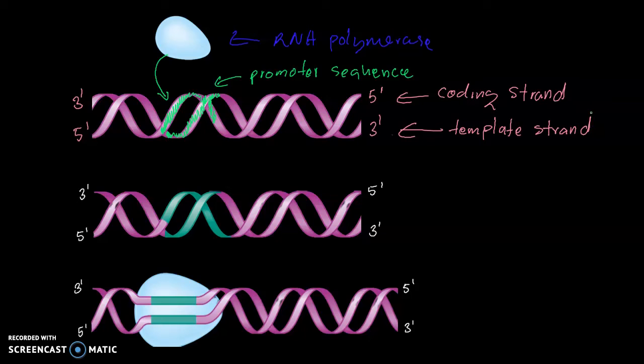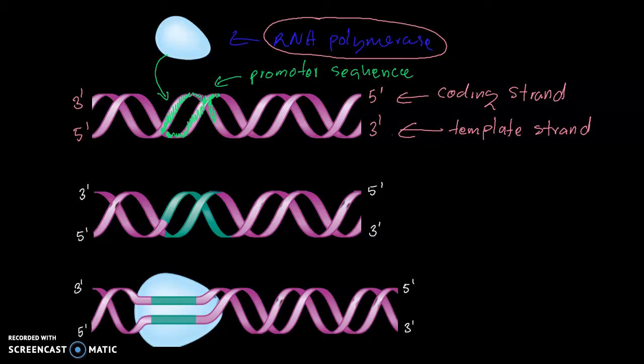The template strand contains the gene, and it functions as a template for the synthesis of messenger RNA. And the thing about the enzyme RNA polymerase is that it can only add nucleotides to the 3' end of the growing messenger RNA chain. What that means is the RNA that is going to be transcribed will grow in the 5' to 3' direction. You'll know exactly what I mean when we get to the third step. So this is what happens during the first part of transcription.